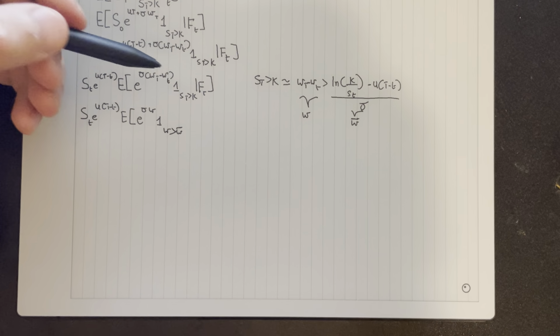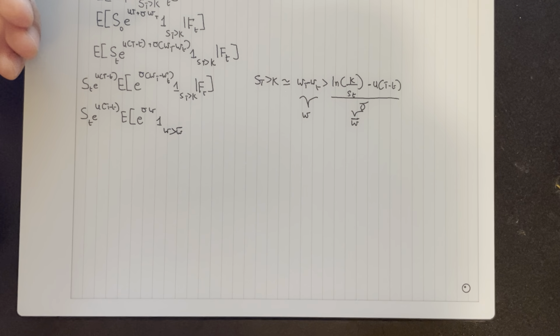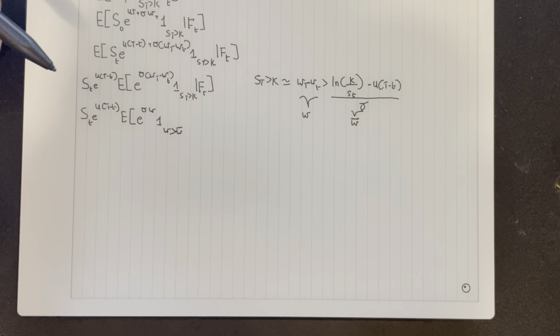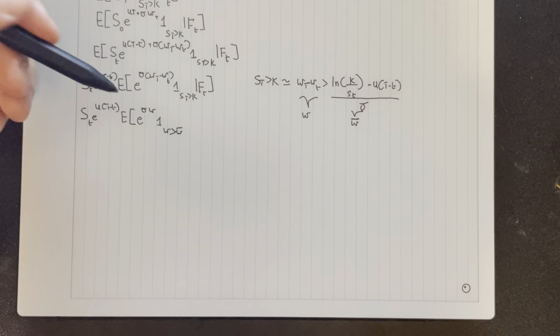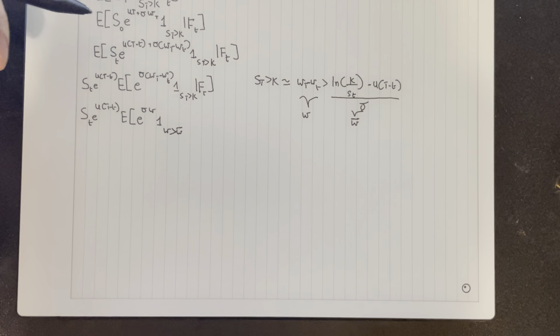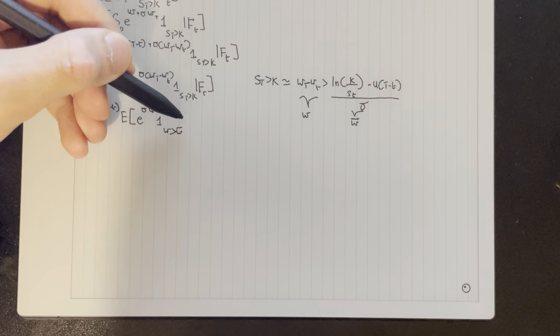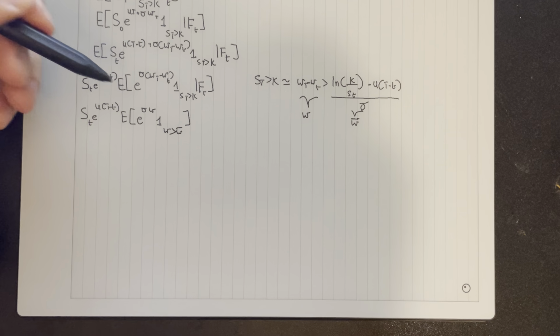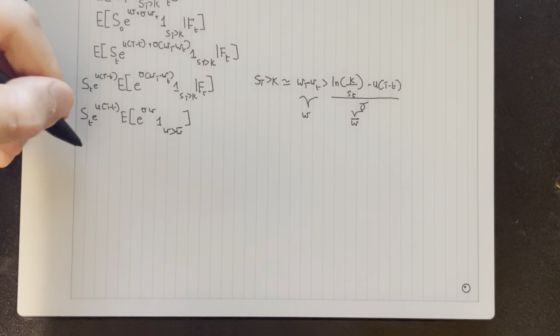And we notice that the filtration will no longer be of any value, because knowing all the information up to time little t will change nothing within this expectation, since the Brownian motion is independent of the past. So we can simply have that no longer as a conditional expectation, but as a simple expectation.